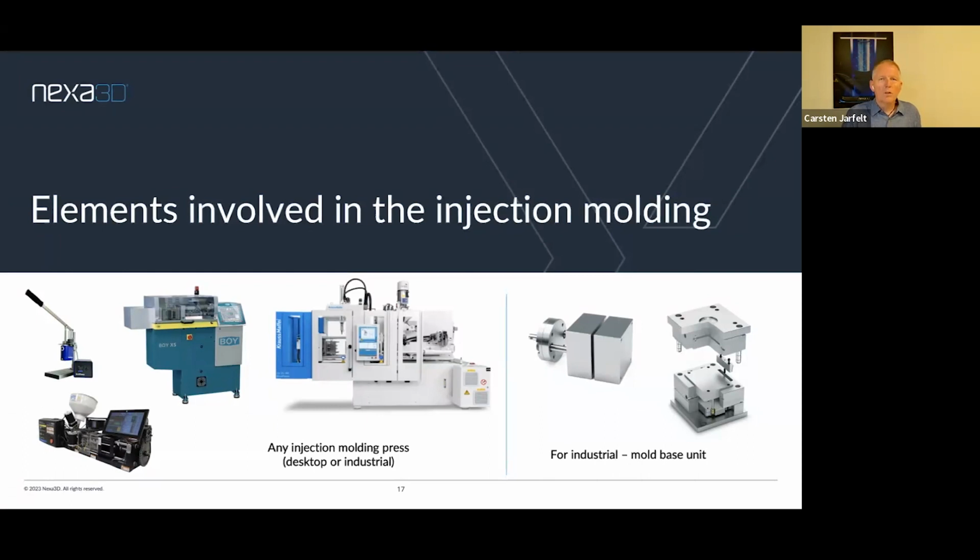But we are not telling you that you can use that machine or that one. We are actually letting you choose based on real needs. But we do have a good collaboration with a good handful of mold unit suppliers, so should you ever be in need, just reach out to us to have that discussion. On these ordinary mold units, you use a mud base or an adapter, whatever you want to call it, and in those adapters you put in the printed tool, and then you inject it.